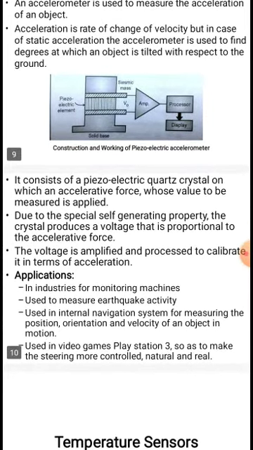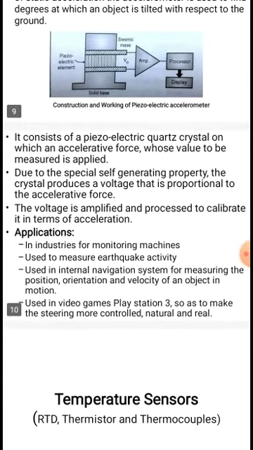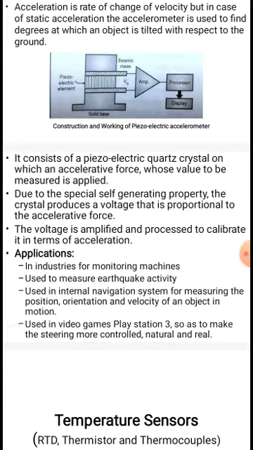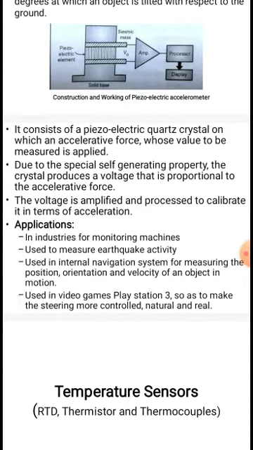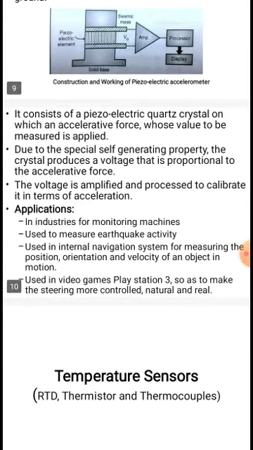Because of the self-generating property, the crystal produces a voltage proportional to the acceleration force. That means when you apply force on the top, the material property changes and directly produces a voltage, which is collected by the amplifier. The amplifier amplifies the signal. The processor has an analog to digital converter, converts the signal, processes the digital data, and displays it on the display.